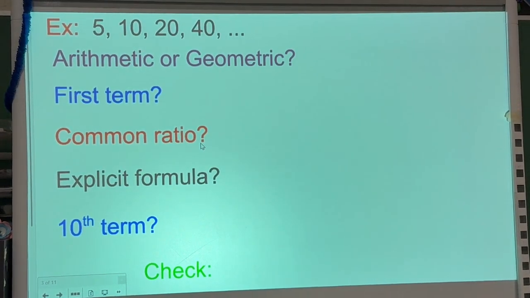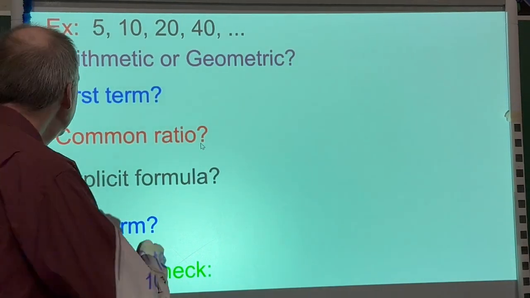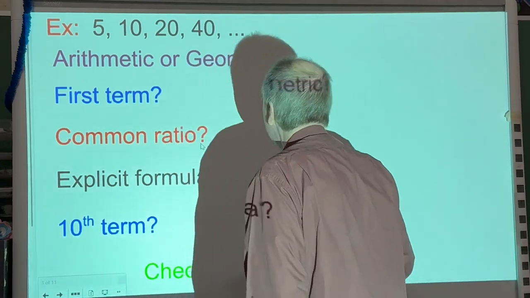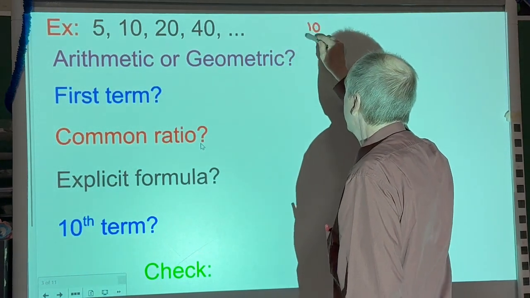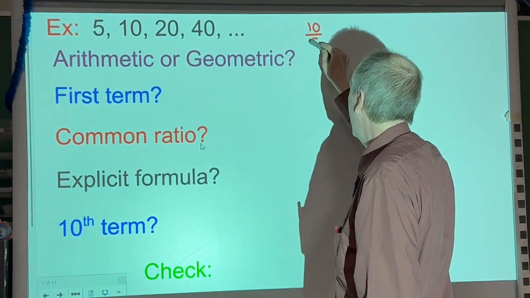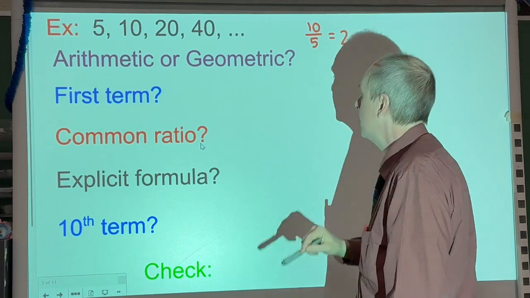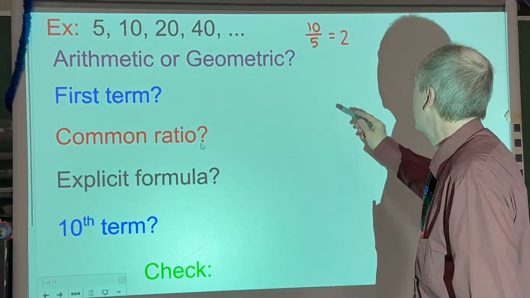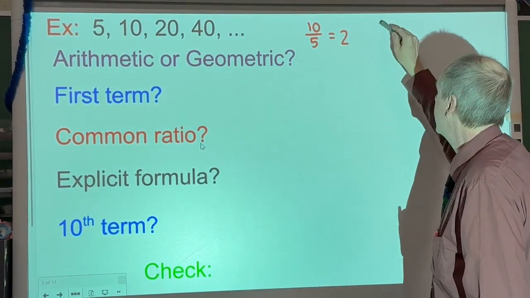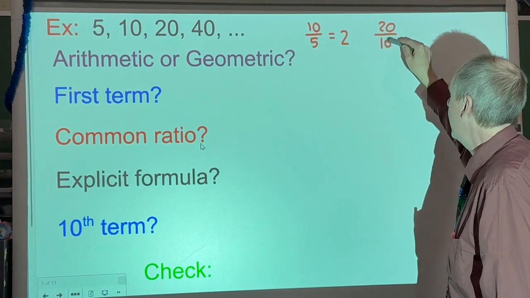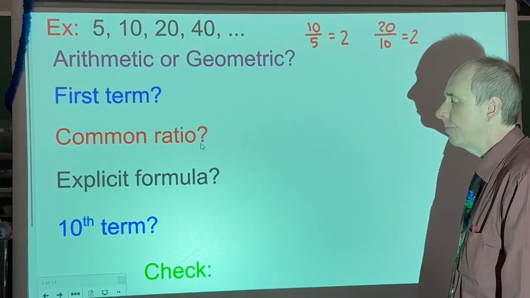So, does it fit a geometric sequence? Well, we will take the 10, divide it by the previous term of 5, and we get 2. We'll take our 20, divide it by our previous term of 10, we get 2.